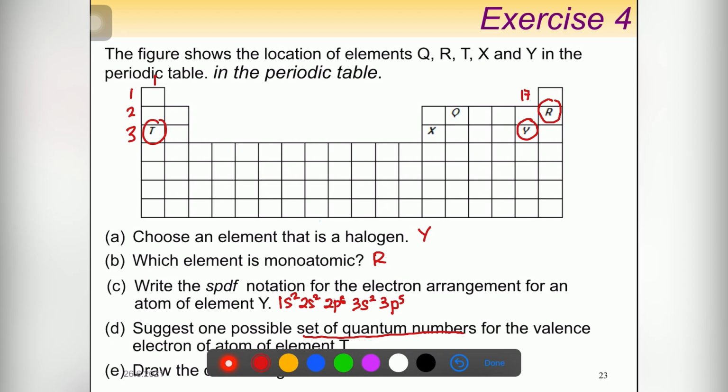Let's say you can write like this. Because it is located in period 3, the highest n is 3, so n equals 3, comma, l equals... Because it is group 1, the valence electron occupies orbital s. So s indicates that l is 0.